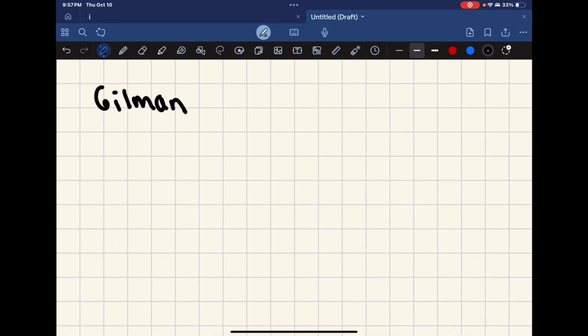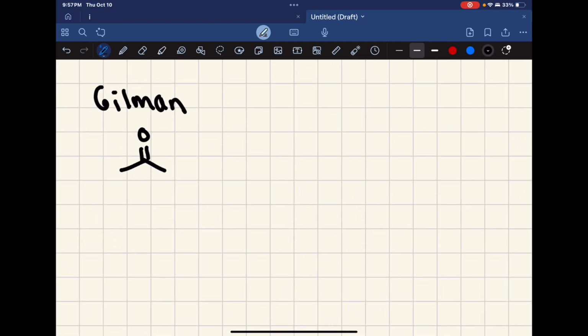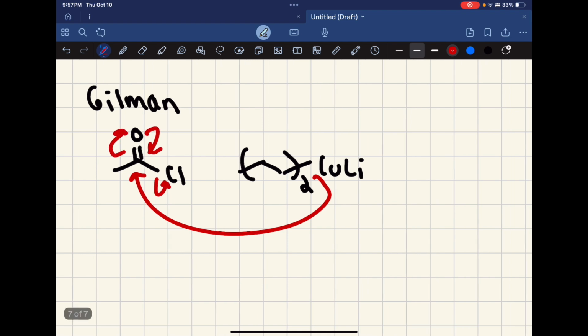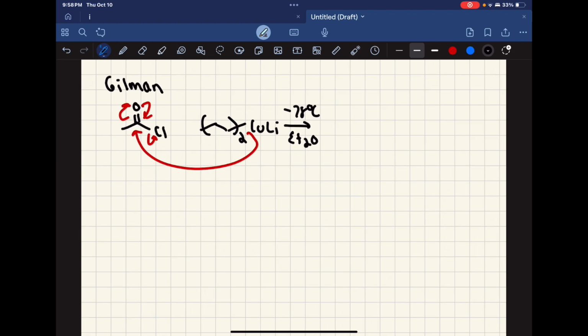So we saw essentially something that looked like this, and we saw maybe something like this, and we were able to show that these add in nicely to form ketones from acyl chlorides. Okay, so keep in mind these were always done at -78 or cryogenic condition temperatures.